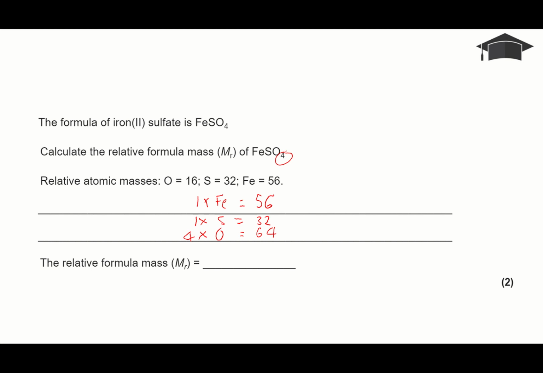I'm just going to do this manually now. 6 add 4 is 10, plus 2 is 12. A bit of quick maths there. And 6 plus 3 is 9, plus 5 is 14, plus that 1 makes it 15, so 152. Now that's what you should be getting, unless my maths is wrong. Just adding them up as we are, and there's your relative formula mass.